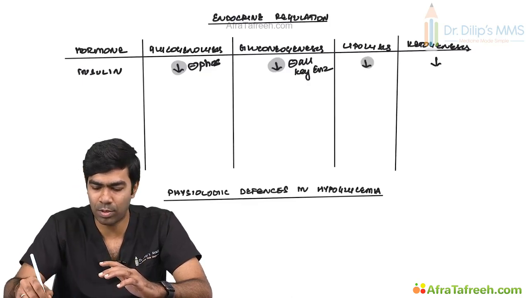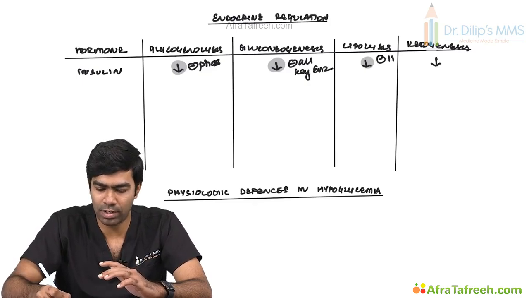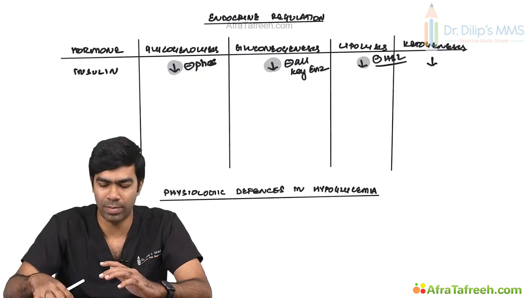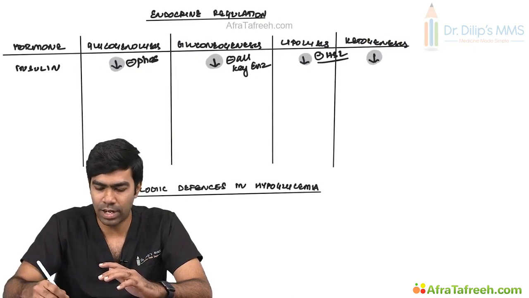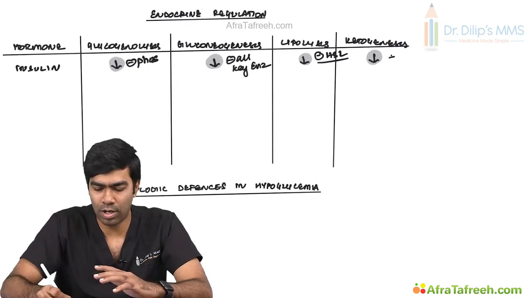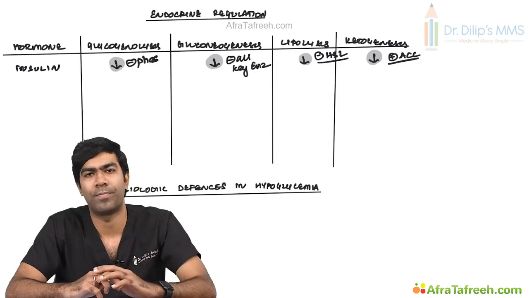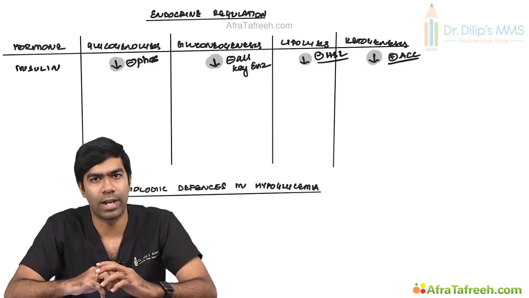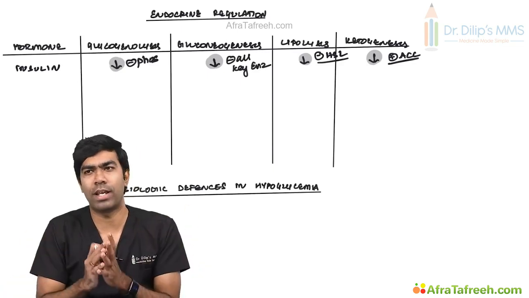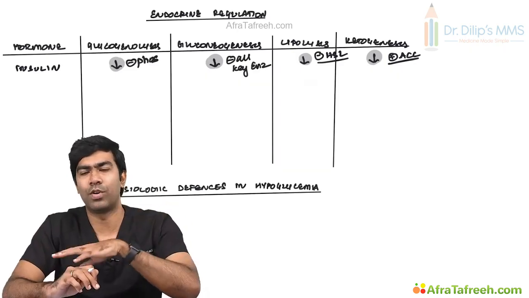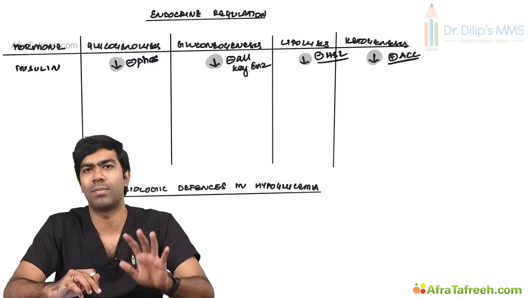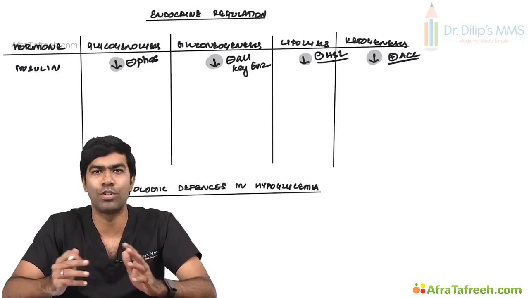Insulin can suppress lipolysis by its strong effect on hormone-sensitive lipase, where it's going to inhibit it, and it can reduce the ketone body production by strongly stimulating acetyl-CoA carboxylase, thereby shunting acetyl-CoA towards fatty acid production rather than ketone body production. So you can remember insulin like sort of a kingpin, which is going to have its effect on all the major biochemical pathways that are going to produce glucose.